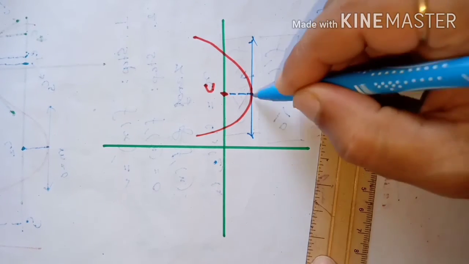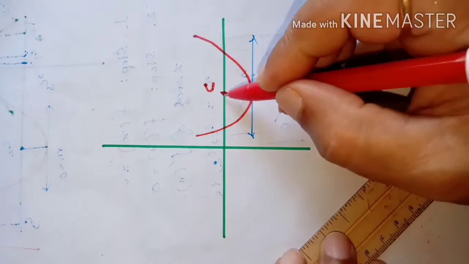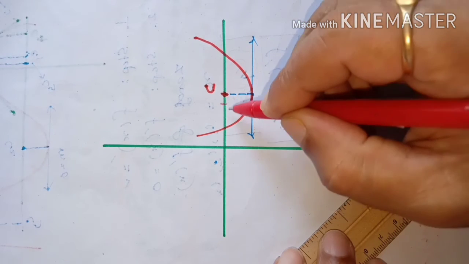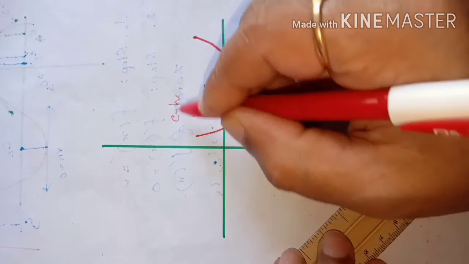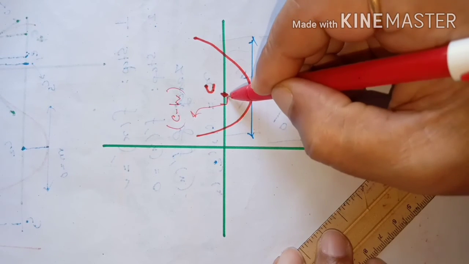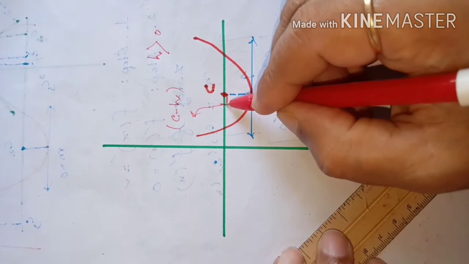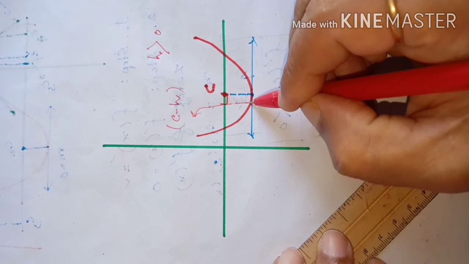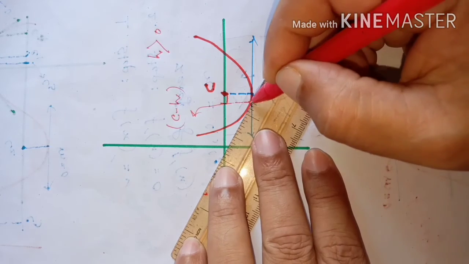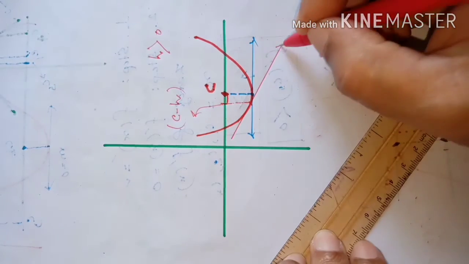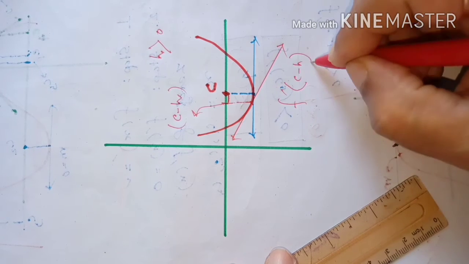Now, suppose there is a point here towards the left hand side of this C. This is a point C minus H, because I have taken this distance as H. H is a very small quantity, just greater than 0. At this point, C minus H, the slope of this function is, suppose, less than 0. Slope is less than 0, means F dash C minus H is less than 0.